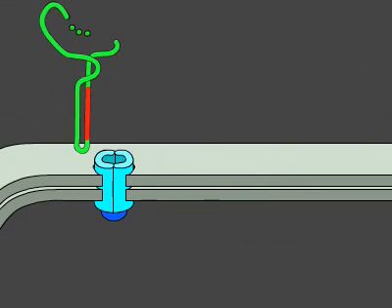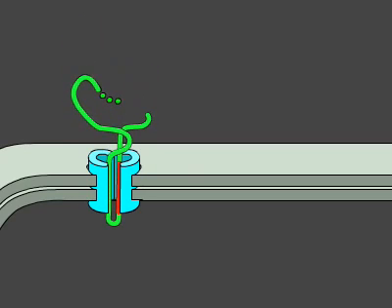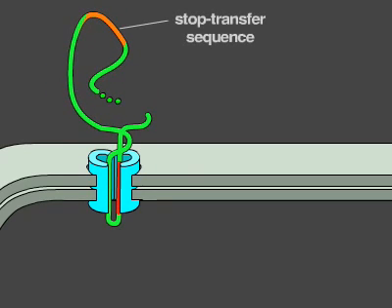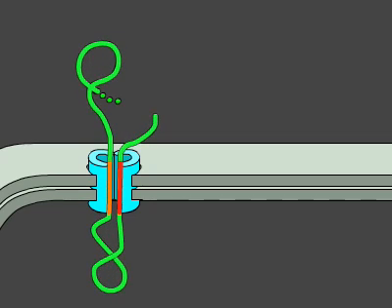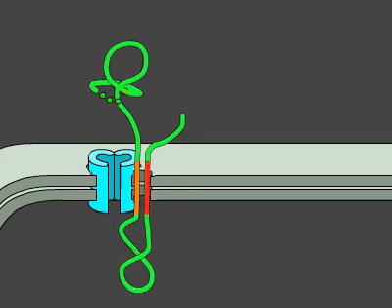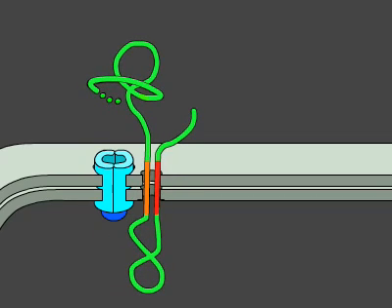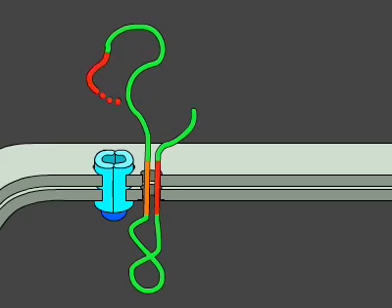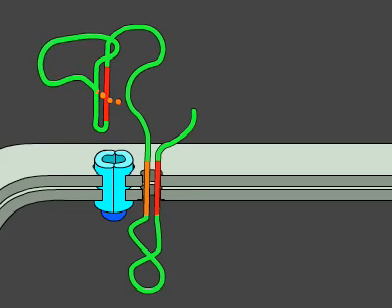In some transmembrane proteins, an internal signal sequence is used to start the protein transfer, which continues until a stop transfer sequence is reached. The two hydrophobic sequences are then released into the bilayer, where they remain anchored. In complex multipass proteins, in which many hydrophobic regions span the bilayer, additional pairs of stop and start sequences come into play.